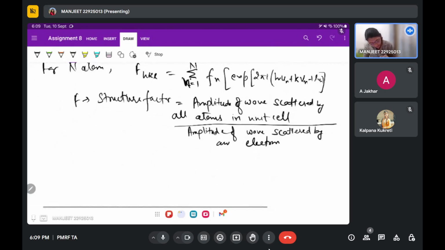And the intensity is directly proportional to this structure factor.